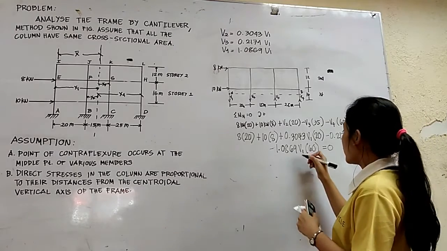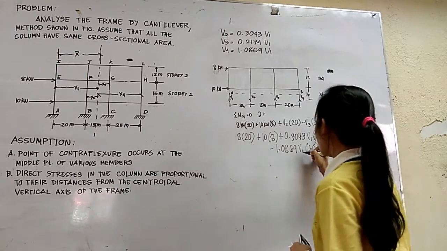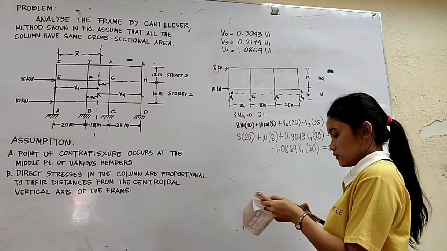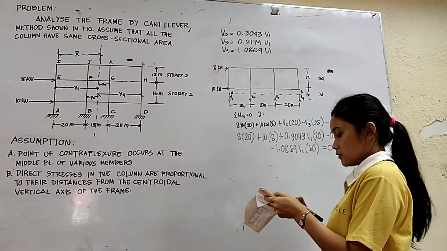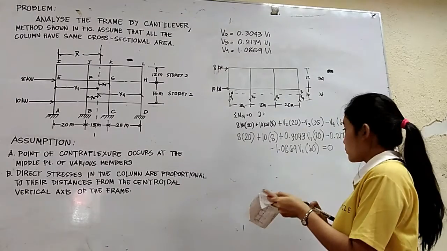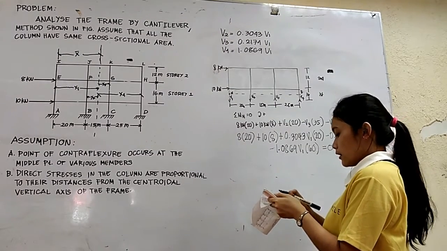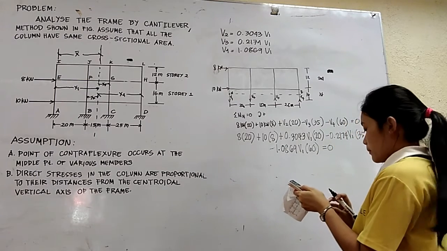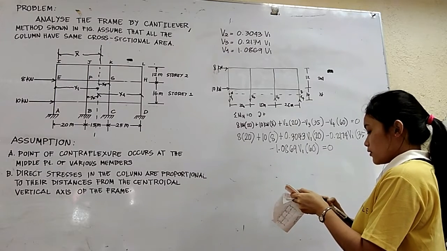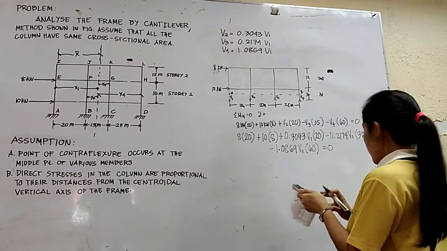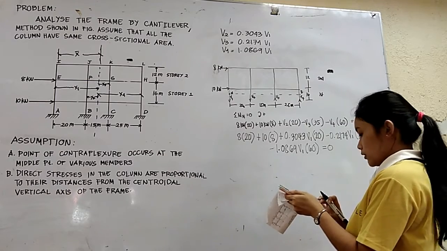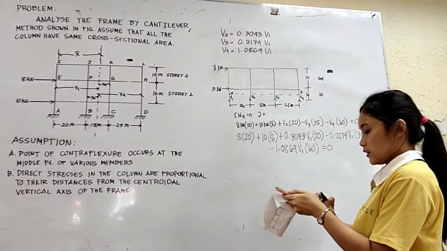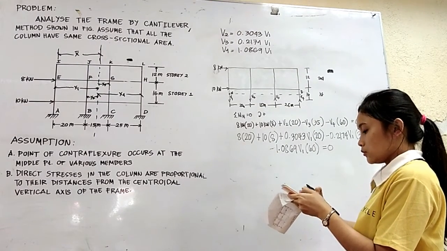So we can use our calculator to find the value of V1. 8 times 20 plus 10 times 8, plus 0.3043 x times 20, minus 0.2174 x times 35, minus 1.0869 x times 60 is equal to 0.